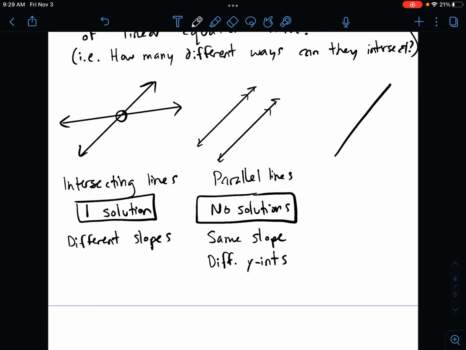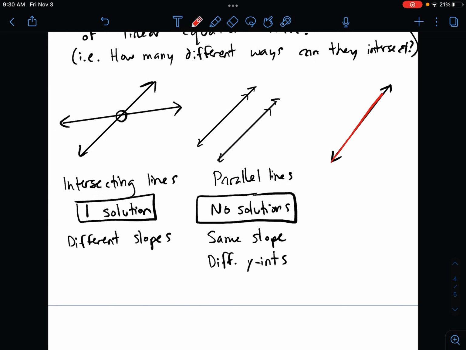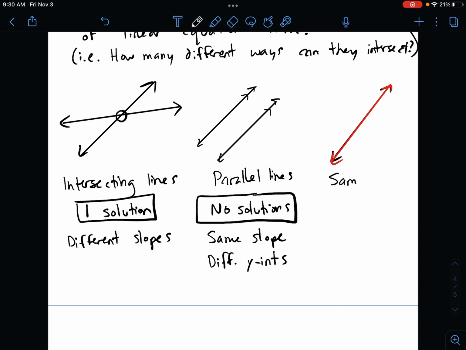And then the other thing that could happen is if we actually have the same line basically on top of itself. So use a different color here. If the black and the red line are actually the same line, they might be written differently, like one might be written in standard form, one might be written in slope-intercept form. But if you have the same line that falls on top of itself, we are going to get infinite solutions, all right?